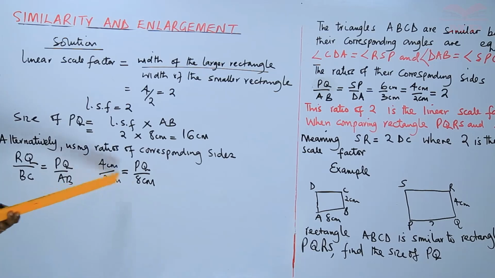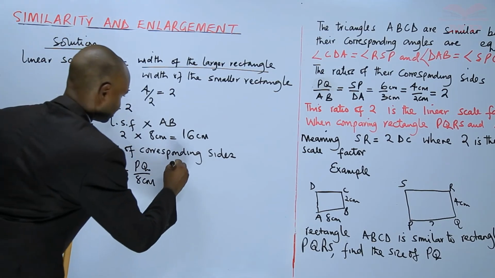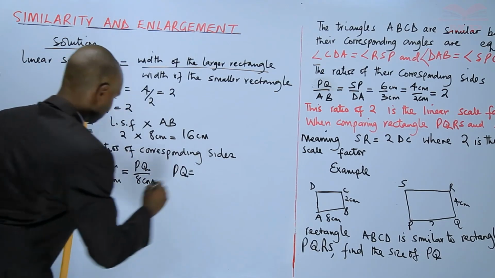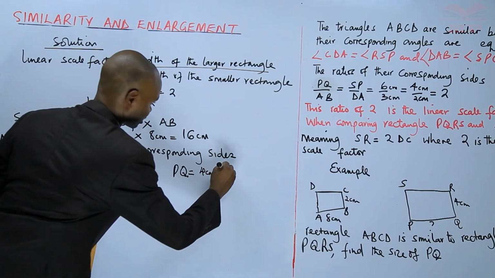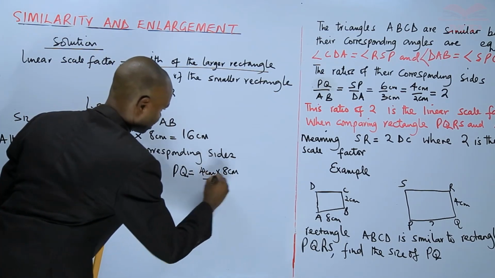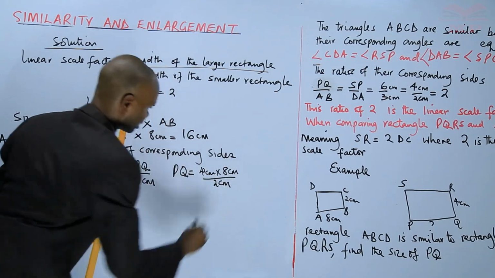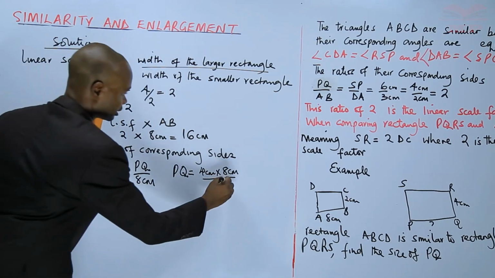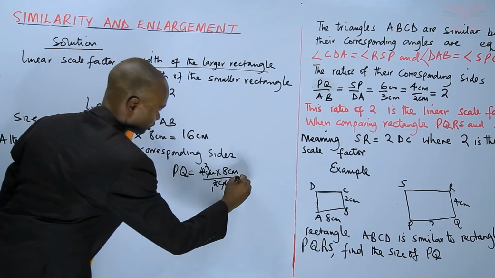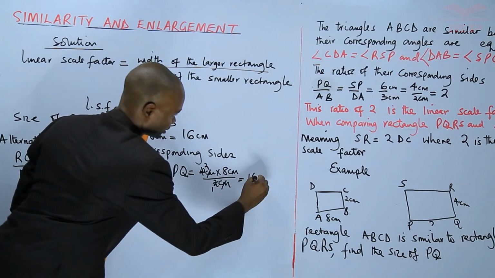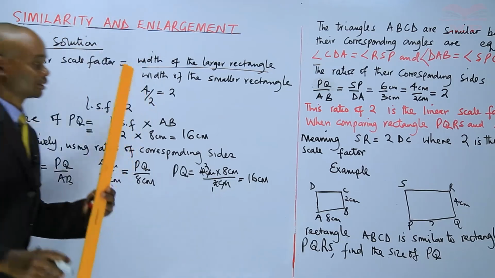By cross multiplication, PQ will be equal to 4 centimeters times 8 centimeters divided by 2 centimeters. The centimeters cancel, 2 divided by 2 is 1, so PQ gives you 16 centimeters.